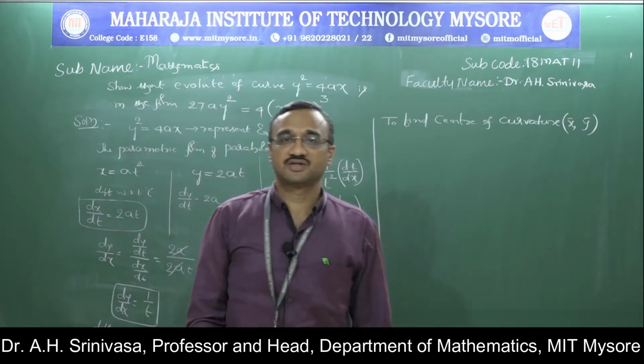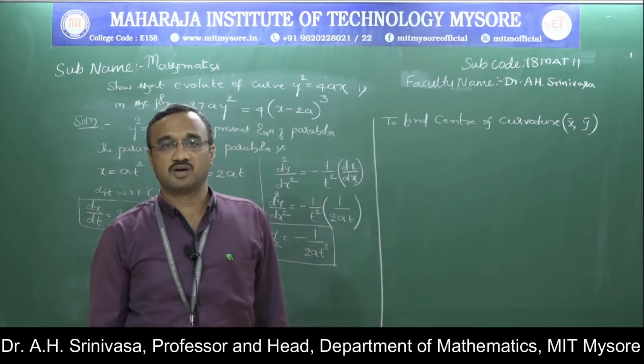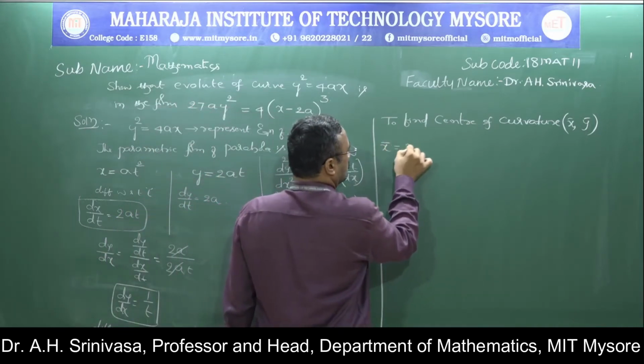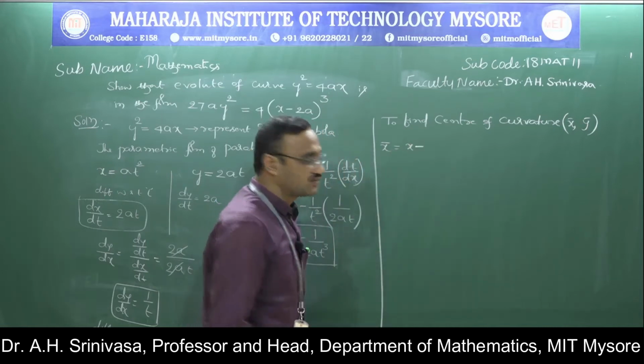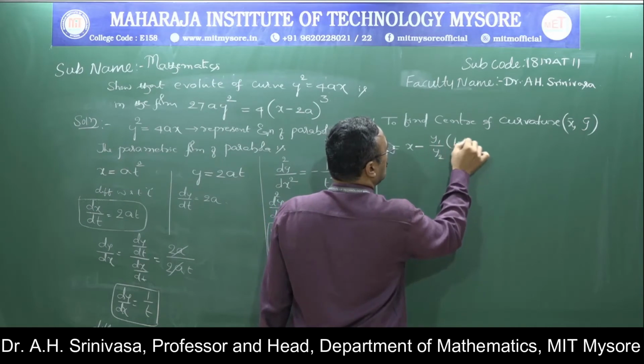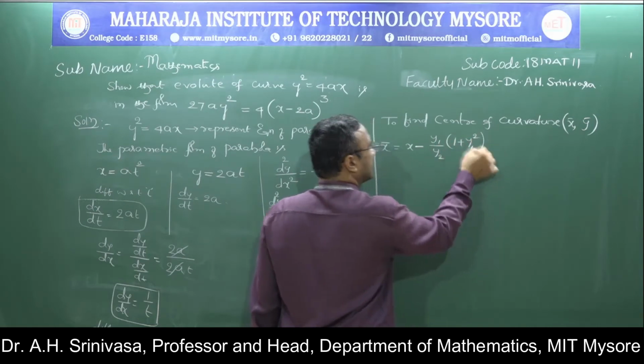Now I am going to find the center of curvature. What is x bar? We know the formula: x bar equal to x minus y1 by y2 into (1 plus y1 squared).